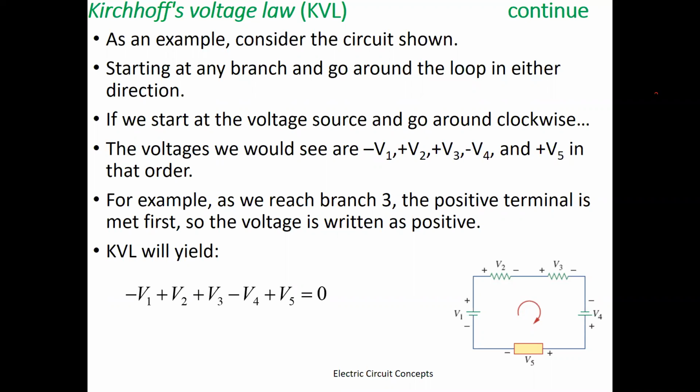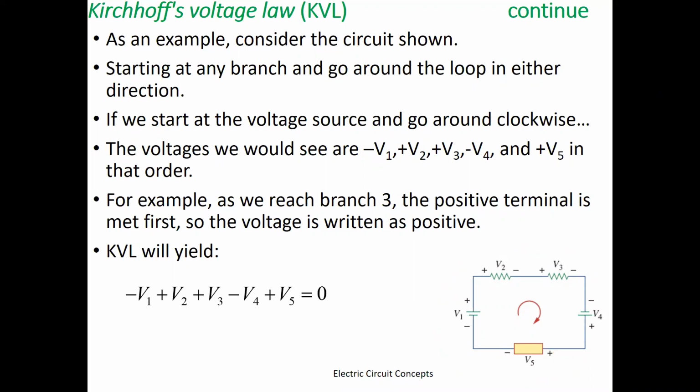Okay, let me show you here how to write down that formula: the algebraic sum of the voltages around the loop is equal to zero. So here's the circuit we have. Here are the voltages, V2, V1, V3, V4, and V5. I want you to look at those polarities.